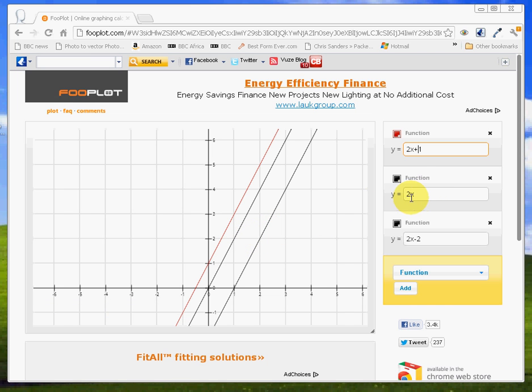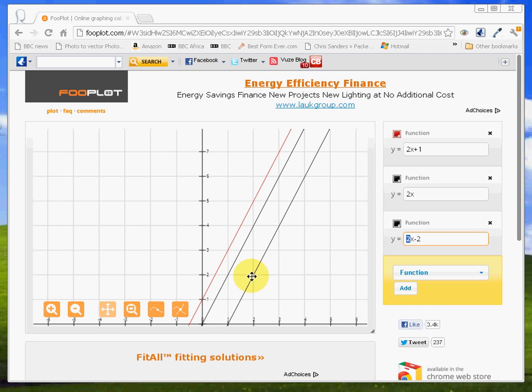The only thing that's constant in all these is that 2 there, that 2 there, and that 2 there. That says all of those have a slope of 2. If you go 1 along, you go 2 up, 1 along, 2 up. Well, is that the case? Let's have a look. If I take this one here, if I go 1 along, I'm going 2 up. 1 along, 2 up.